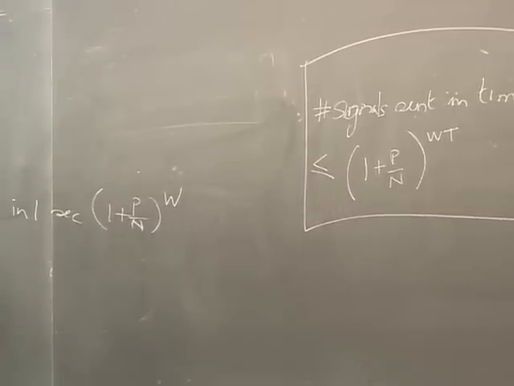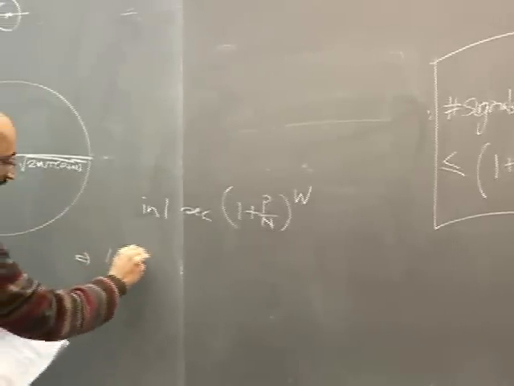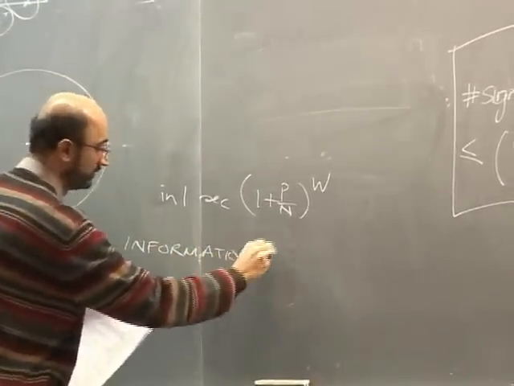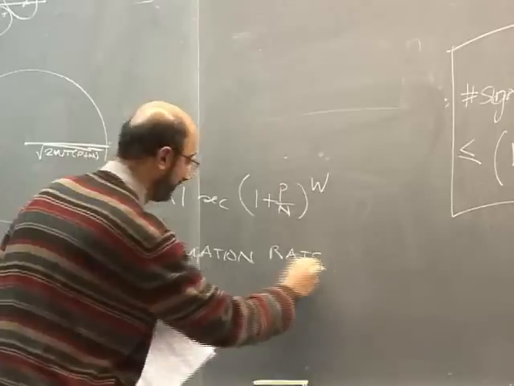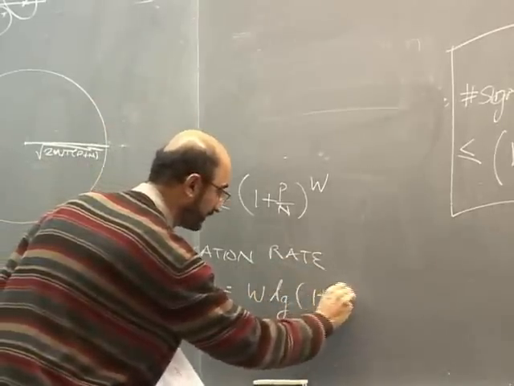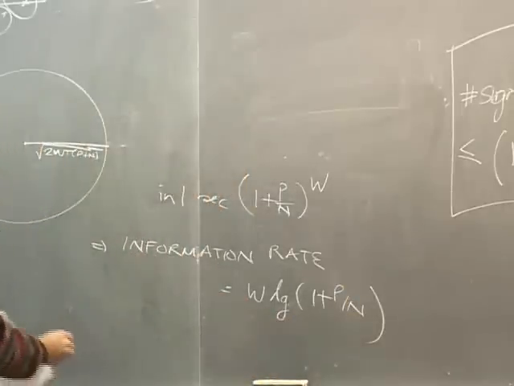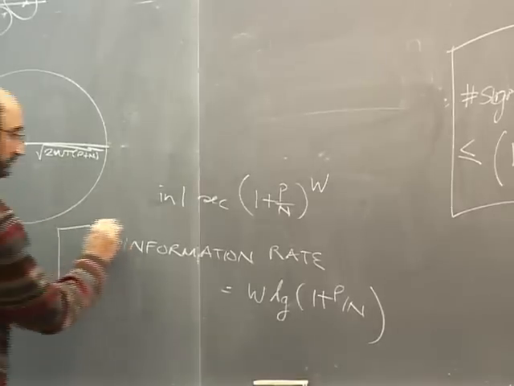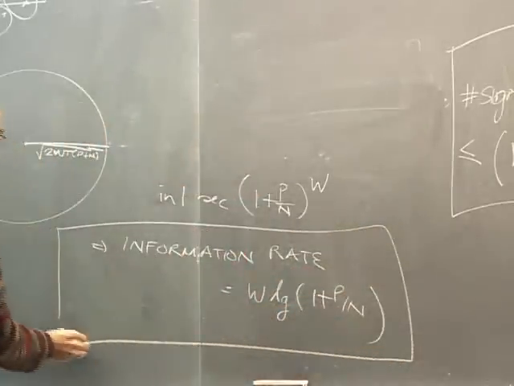Which implies that the information rate, which is the capacity of the channel, is going to be W log(1 + P/N). And that's the information rate of the Gaussian channel. And I should say, almost surely. Okay, everything is almost surely.